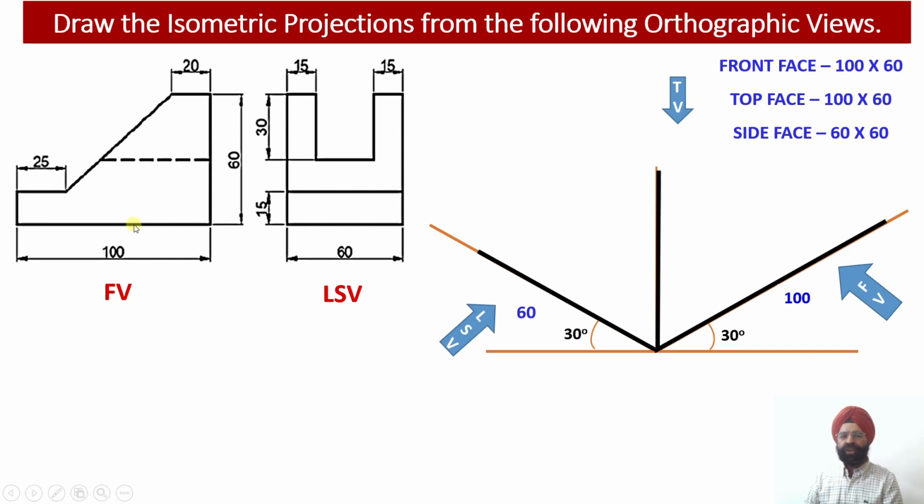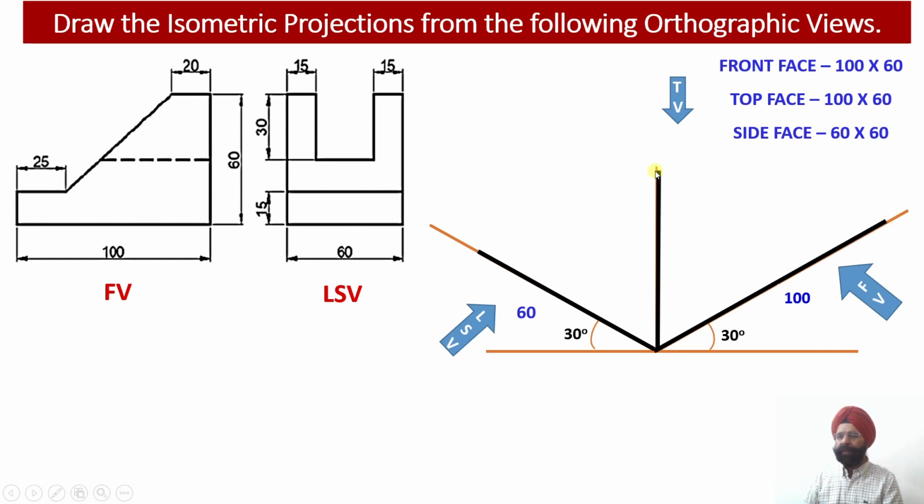Since the length of the solid in the front view is 100 millimeter, this 100 millimeter length will be plotted along the z-axis. Now we are going to get the front face equal to 100 millimeter by 60 millimeter, where 60 millimeter is the height of the front face and 100 millimeter is the length of the front face.